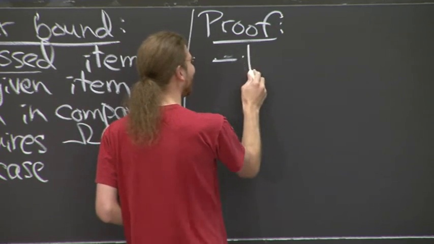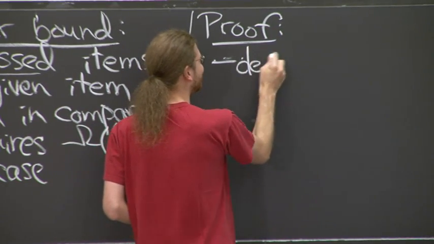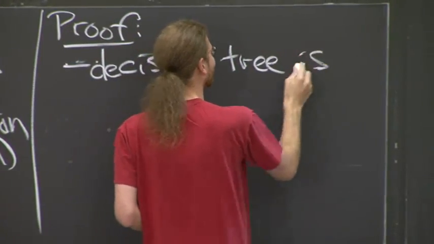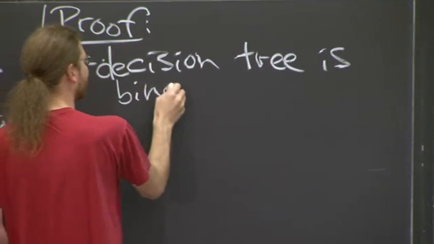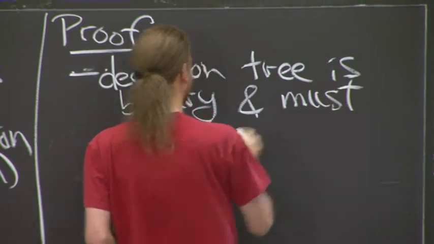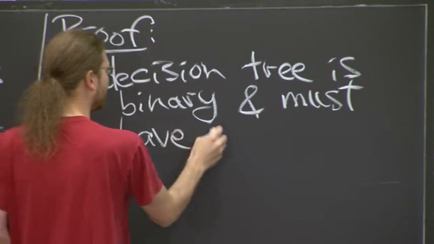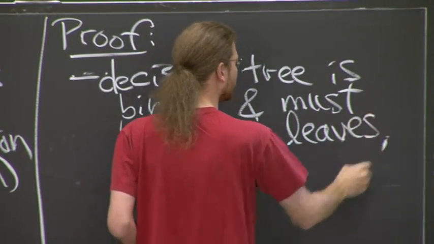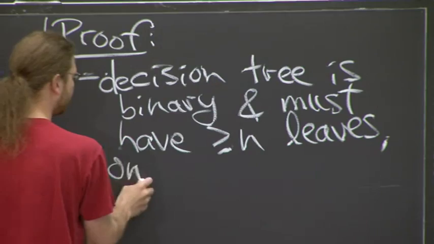All right. So decision tree is binary. That was the first thing. And it must have at least n leaves. One for each answer.